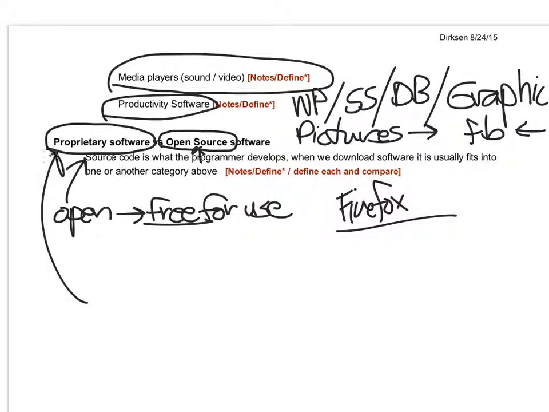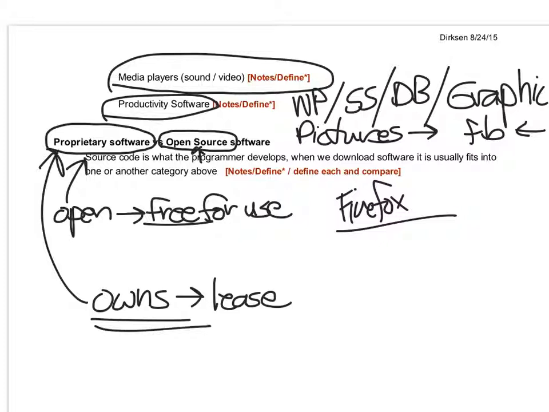Proprietary software is somebody owns it, and most of the time you lease the use of it. Even though it looks like you buy it, you can't, what they call, decompile it and put it back into the source code and do with it what you want. Microsoft products, Adobe products. There are lots of products out in the world that are proprietary.